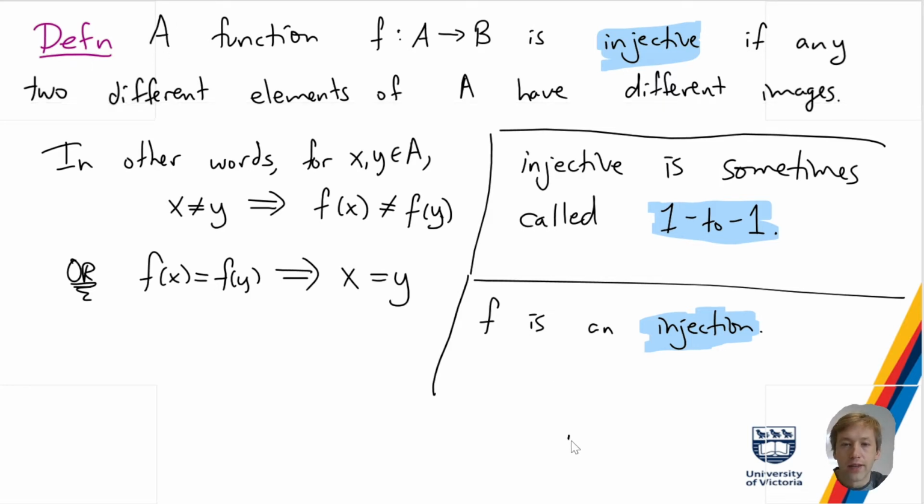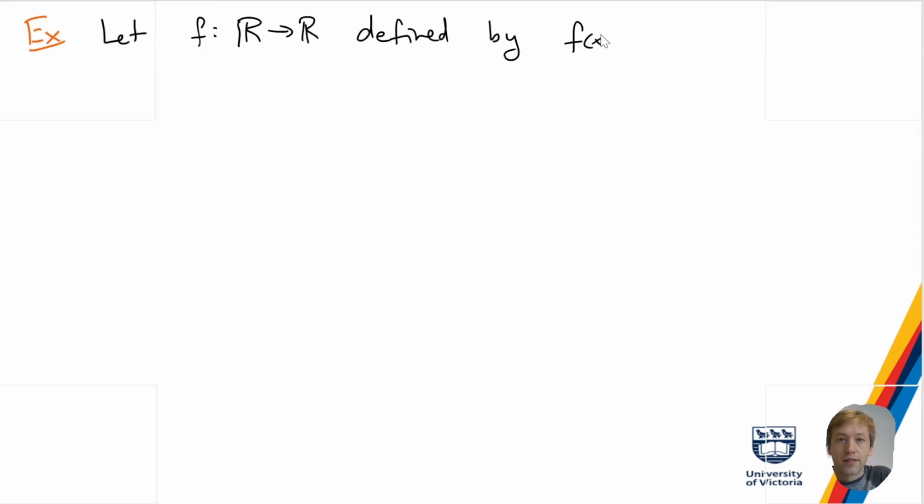Okay, let's look at an example. Suppose I let f be the function from the reals to the reals defined by f of x equals 2x plus 5. If you plot it, it's a straight line, where the y-intercept is 5 and the slope is 2.